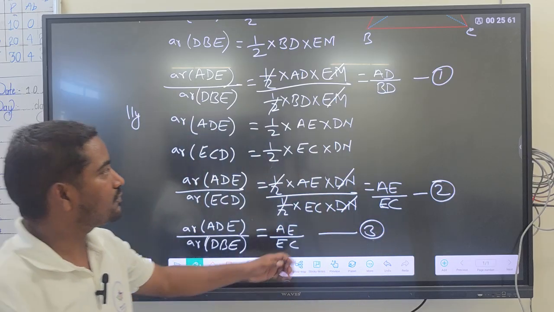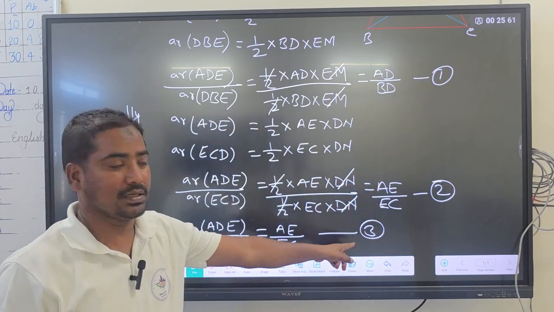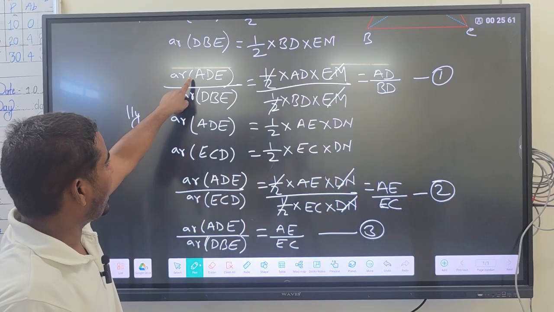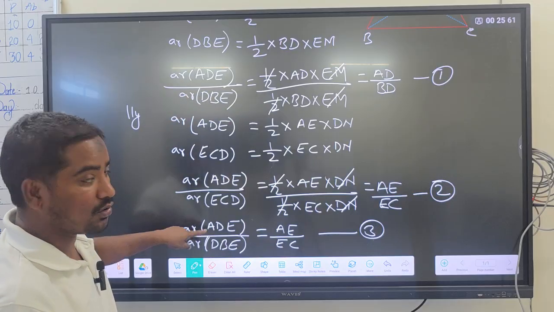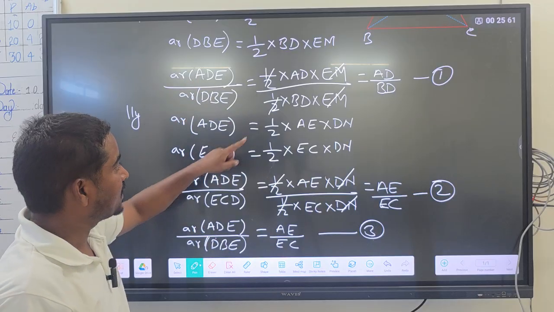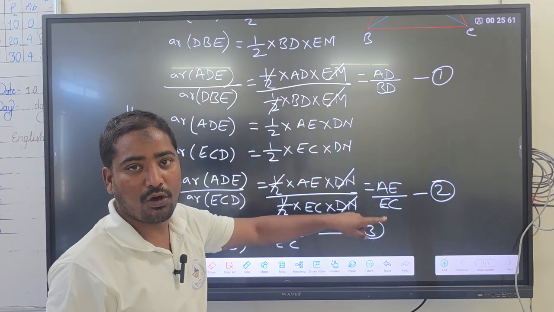Now compare equation number 1 and equation number 3. See, the LHS of equation number 1 and 3 are equal or not? And hence the right side of the equation will also be equal.